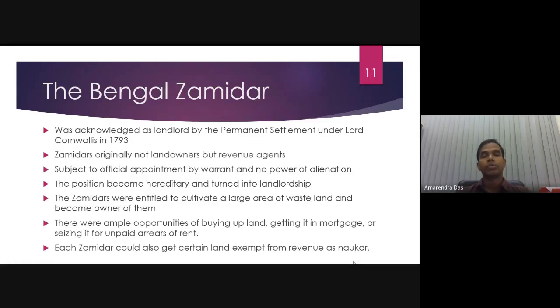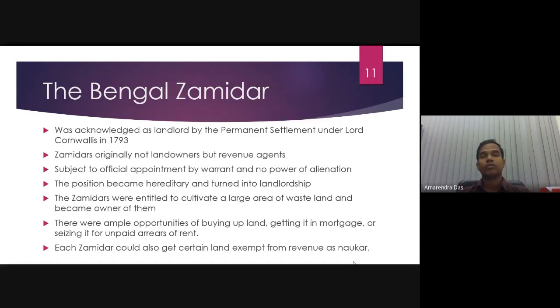And there were also ample opportunities of buying up land, getting it in mortgage, or seizing it for unpaid arrears. Since they were collecting the arrears, with that money they could buy land and mortgage land, and they were also seizing the land if some farmer could not pay the rent.